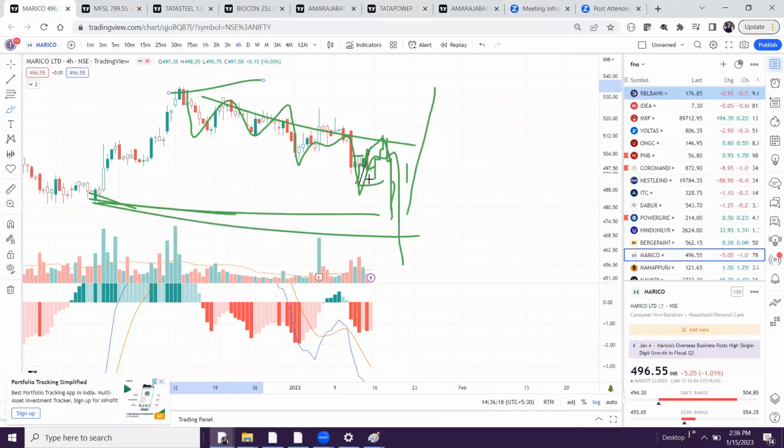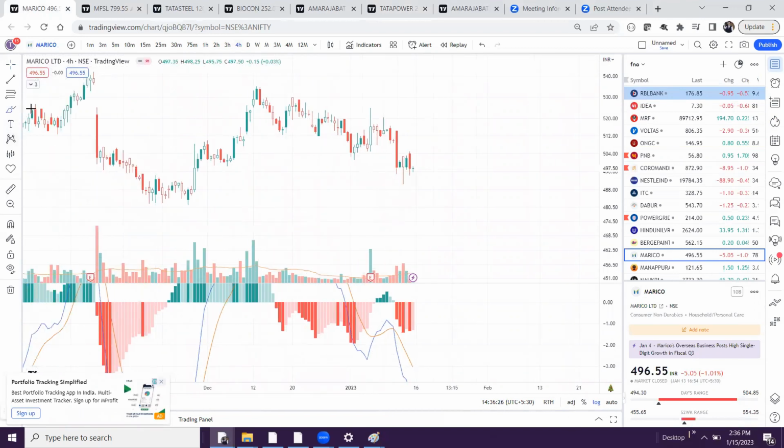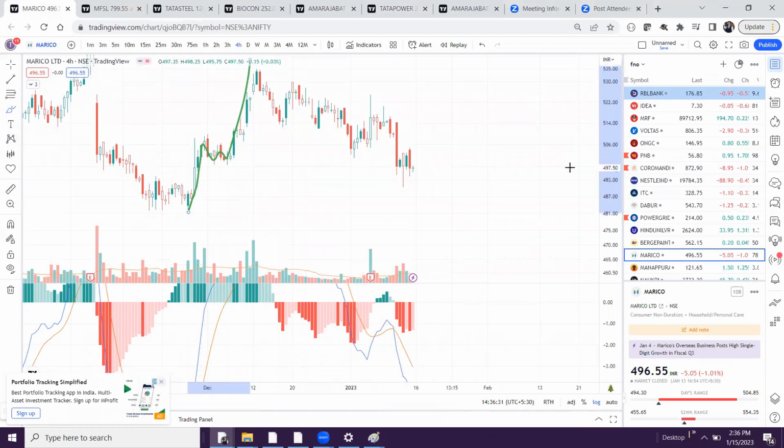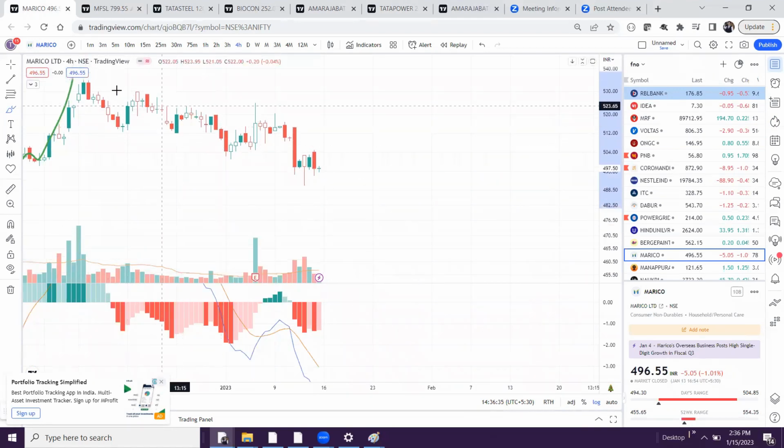Now, another stock is Marico. Now let me clear this. So if you see on Marico, this stock had given a good up move, and after that it is correcting. And if you look closely, this is the first down move. This is followed by a corrective pattern.